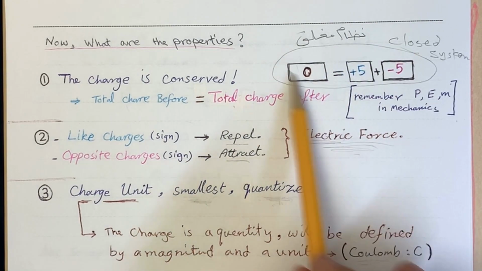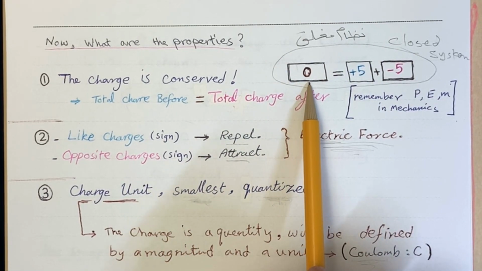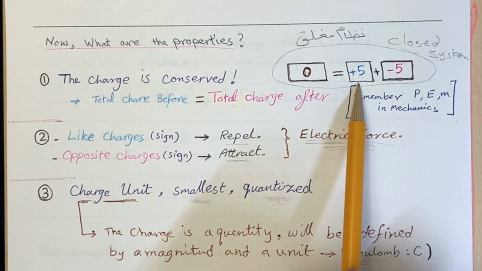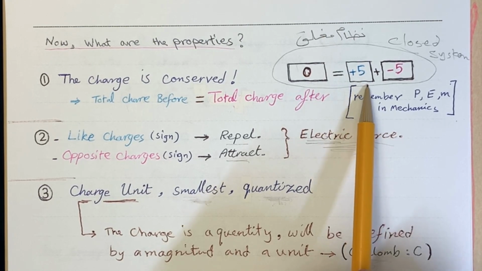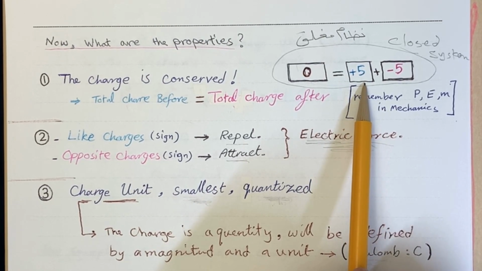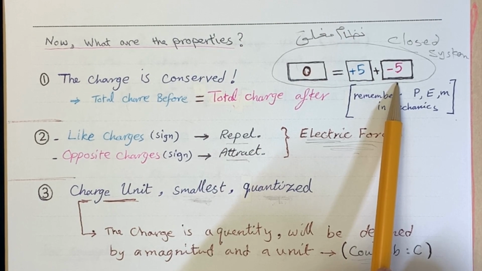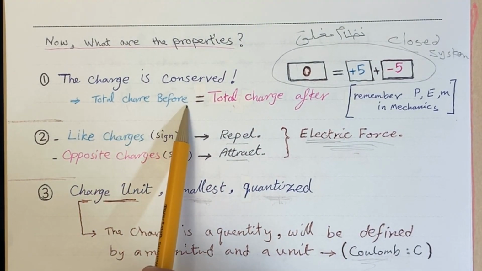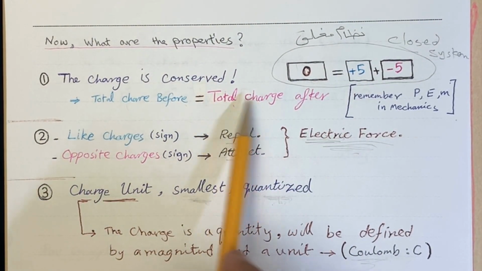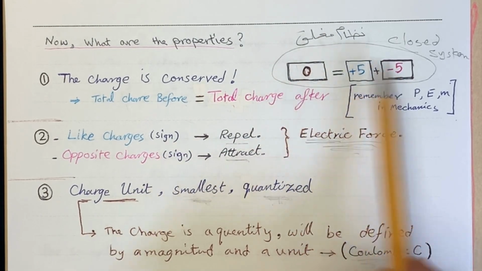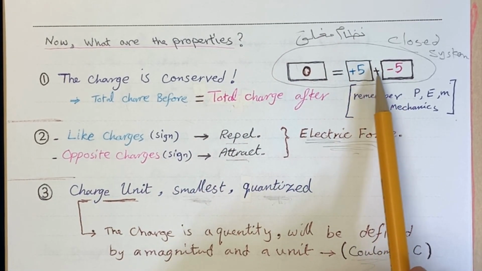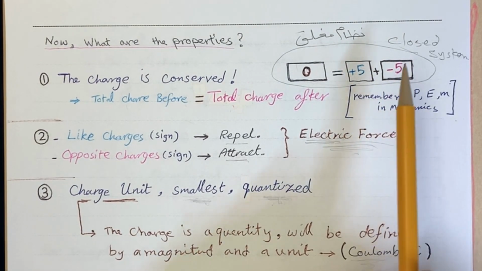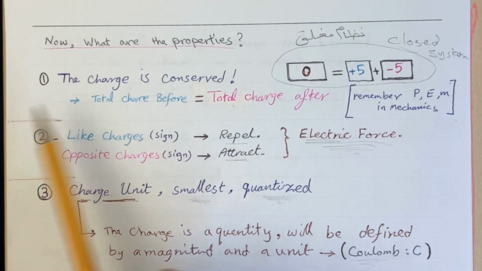If we have any closed system and we have an object with zero charge, which is neutral, if we charge it by positive 5 units of charge, then there should be another object with the negative charge with the same magnitude. So the total charge before in that system should be equal to the total charge after. So we cannot create new charge or decay a charge. So this is a closed system, and the charge should be conserved.